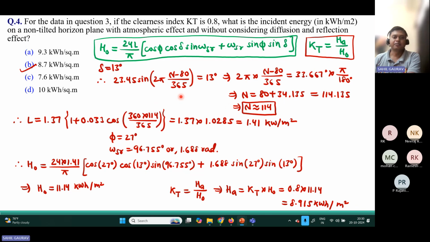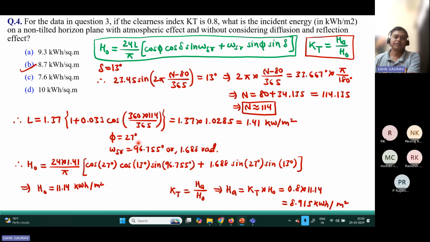For finding N, we have to use the declination angle expression, and the declination angle is given as 13 degree. From this declination angle, we find the N value. So N we got 114, and now the insolation will come as 1.41 kilowatt per meter square.